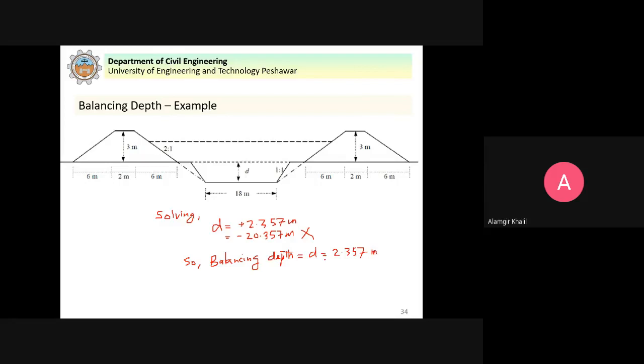So this is the depth which will equate the area of cut with fill. This is how we calculate the balancing depth.